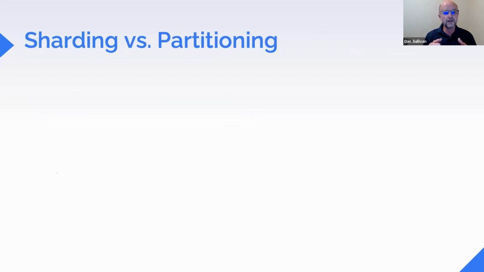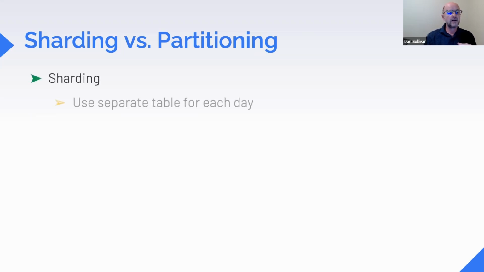Now, there's another technique that has been used in the past across really all kinds of databases. This isn't just BigQuery. It's called sharding, and it's very similar to the idea of partitioning. But instead of using partitions in one table, you create a table for each day.